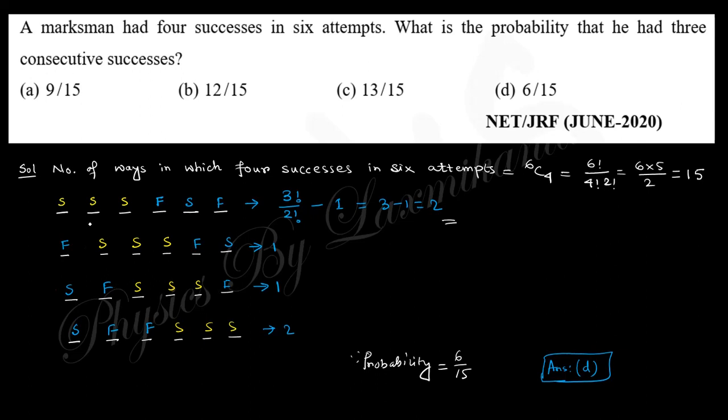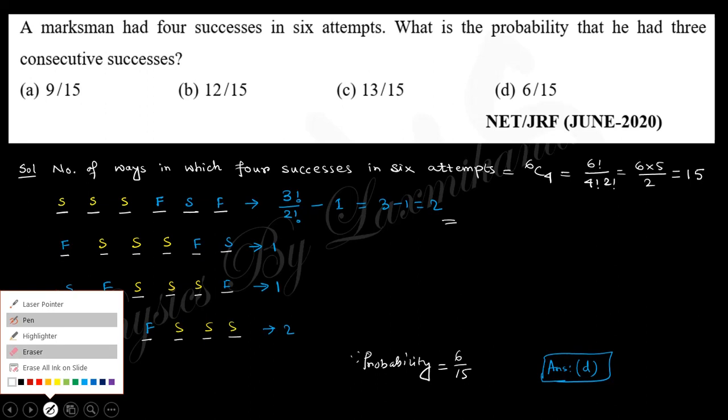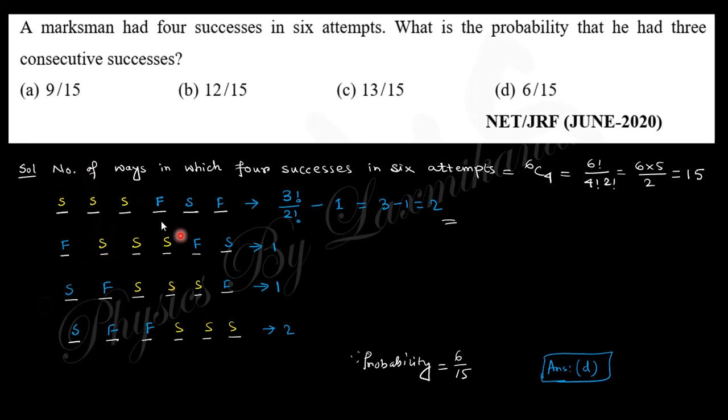I think you understand this process, that is 3 s shifted from one point to another point, and the rest is filled up by 2 f and 1 success, and f is taken at that position, because if you put s here, there will be 4 successes like that. Okay, so there are 6 attempts possible, so this is 6 by 15, 6 by 15 is the answer. Go to the next one.